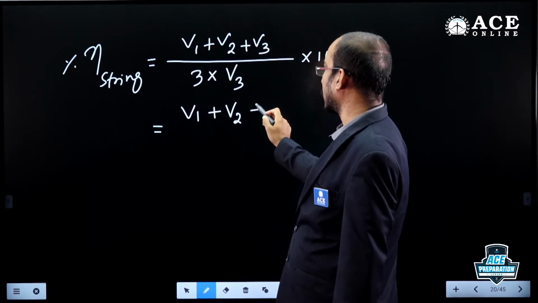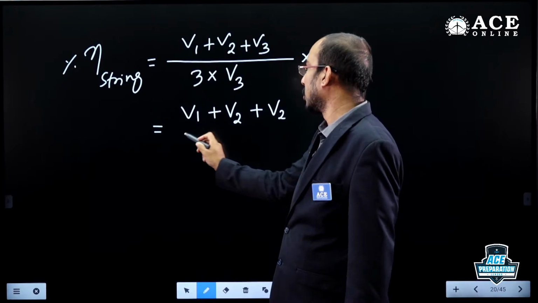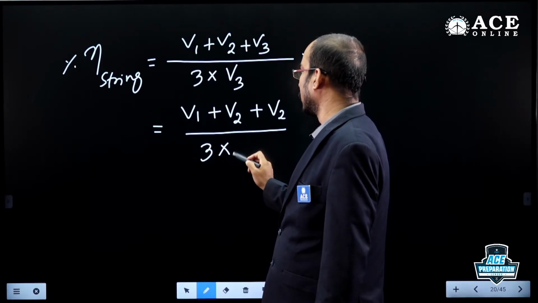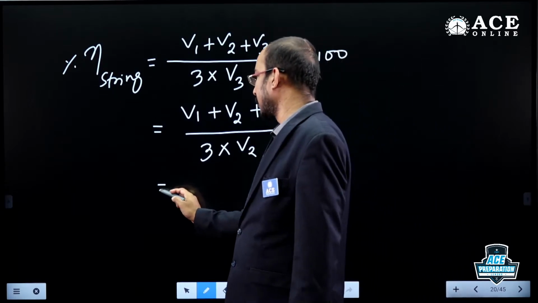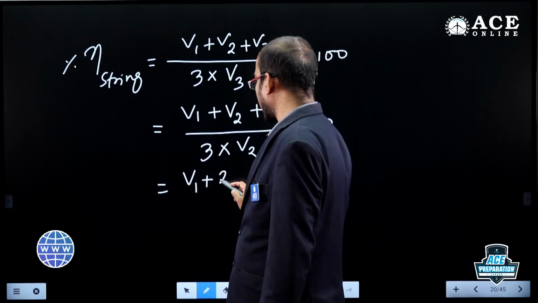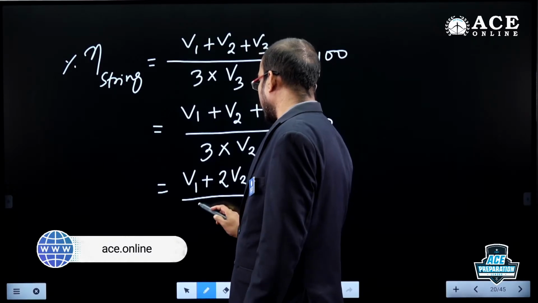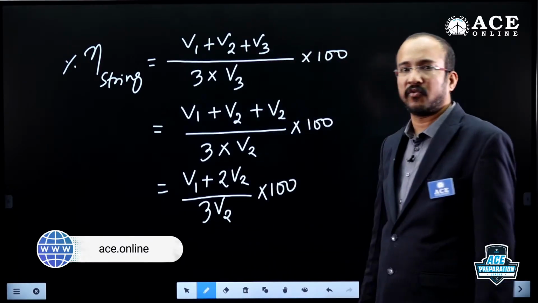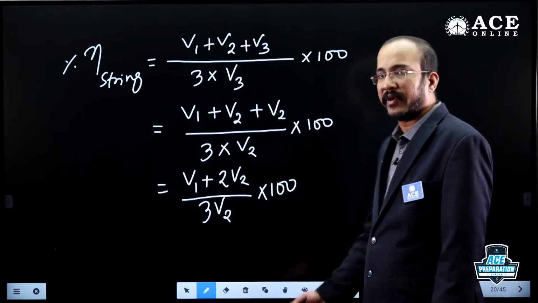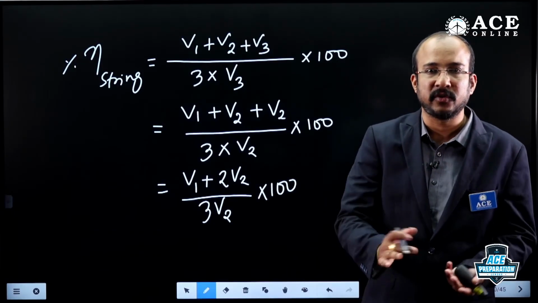V3 can be written as what? V2, because it is the same. So if you simplify this, V1 plus 2 times V2 by 3 times V2, into 100. How do you write the value of V2 in terms of V1? V2 can be expressed as V1 into (1 plus K).